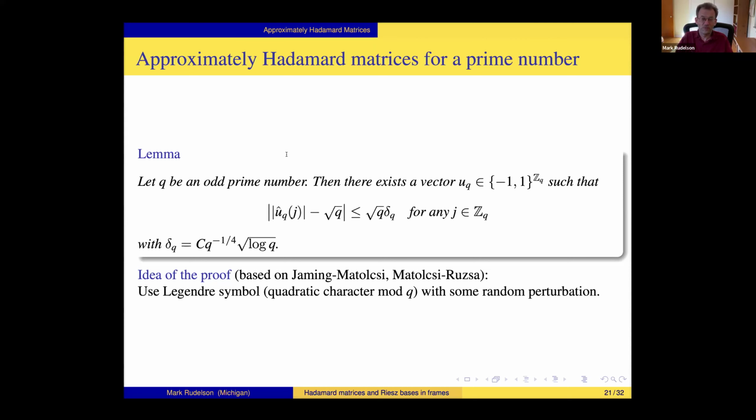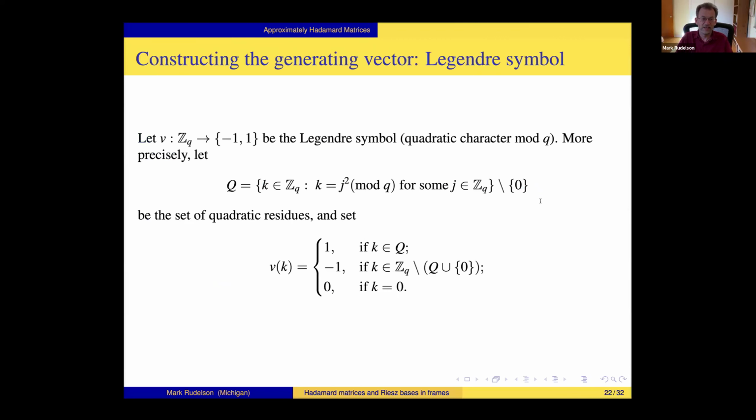Instead of vectors indexed by 1, etc., q, I consider vectors indexed by the field Z mod q. And in this case, we can define the set of quadratic residues. These are the numbers in Z mod q which are squares mod q. And then the Legendre symbol is 1 for quadratic residues, -1 for non-residues, and 0 at 0.